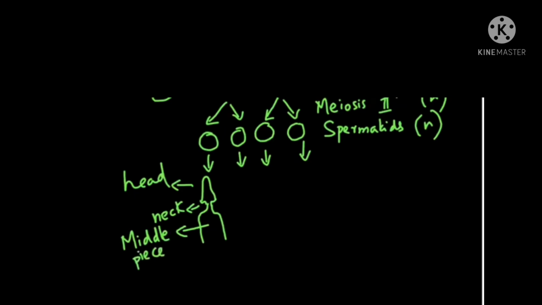Middle piece has got the energy giving cell organelle which is called mitochondria. You know mitochondria, they are the powerhouse of the cell, and they are spirally arranged like this, like a spirogyra. So these what you see are mitochondria. They give energy for the sperms to swim. So that's about middle piece.